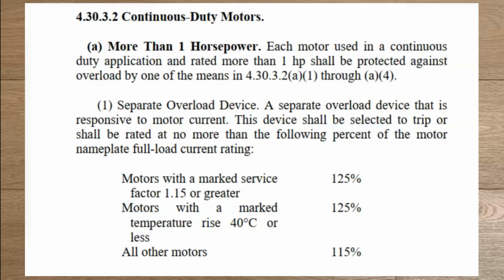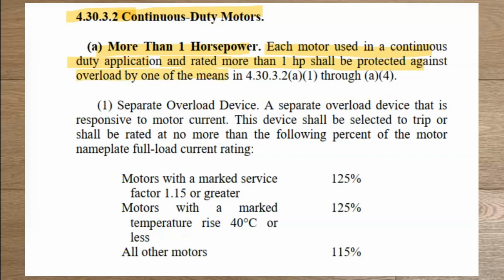From the PEC 4.30.3.2, this is for continuous duty motors. Letter E, for more than 1 horsepower: each motor used in a continuous duty application and rated more than 1 HP shall be protected against overload by one of the means.